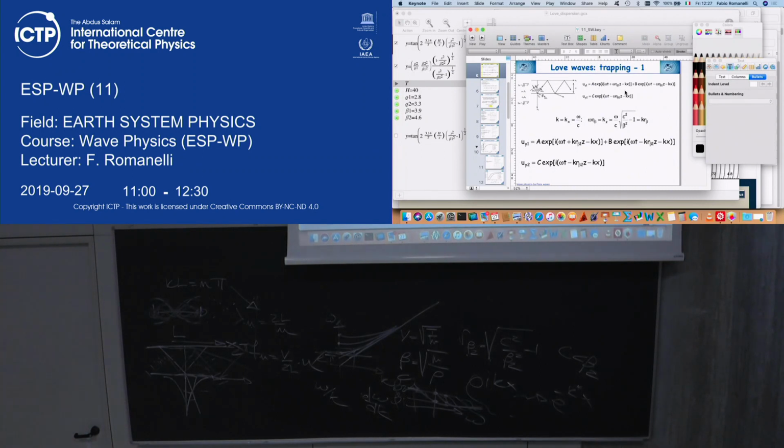It can be shown, but we will not do, that Rayleigh waves and Love waves share a very similar feature. And my main message to you is that Rayleigh waves in a layered structure are dispersed. Not in the half space. Please remember this. In a half space, Love waves do not exist. They cannot interfere.